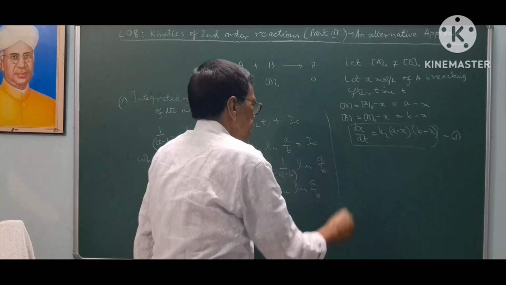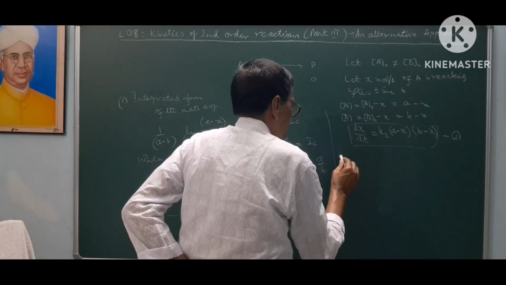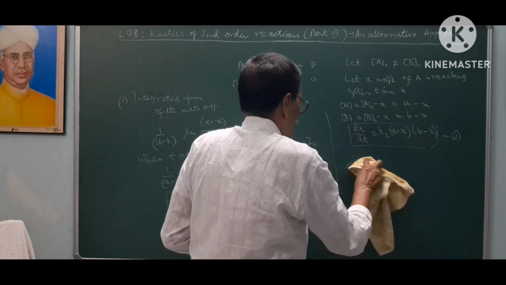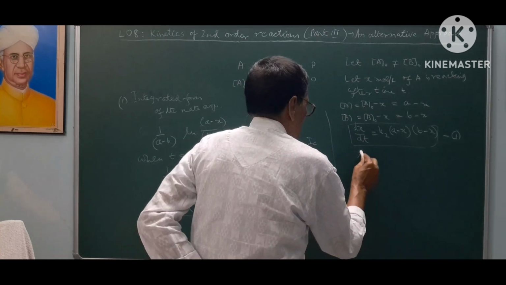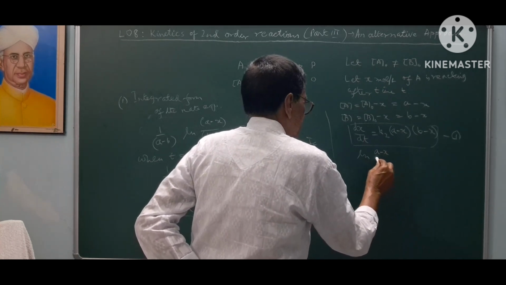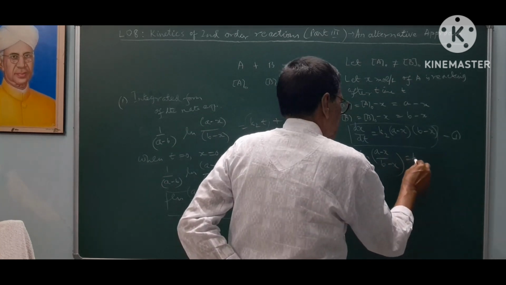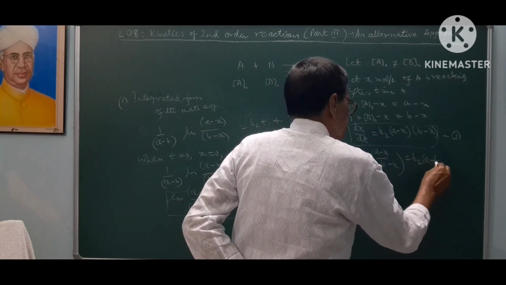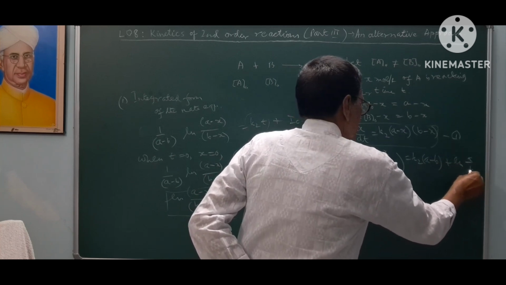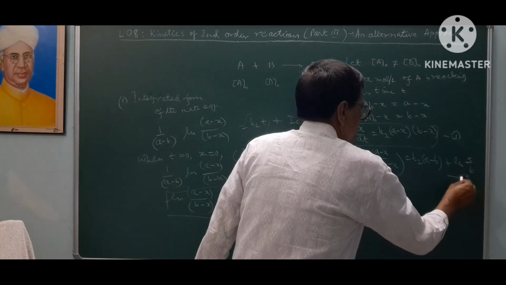We can write here ln (a minus x) divided by (b minus x) equals k2 into (a minus b) t plus ln a by b. This is equation number, say, 2.